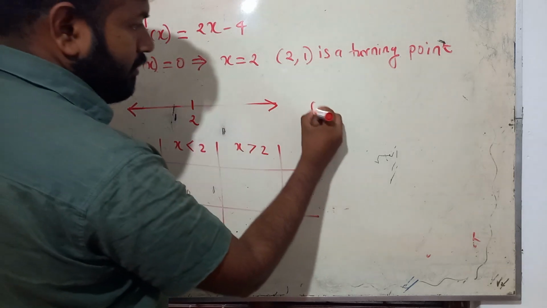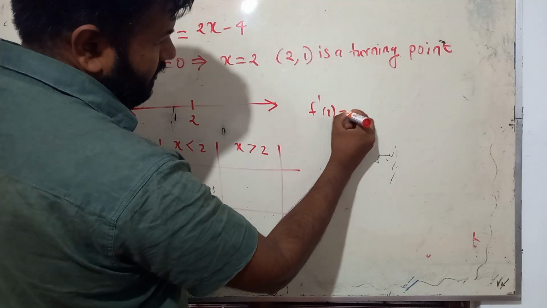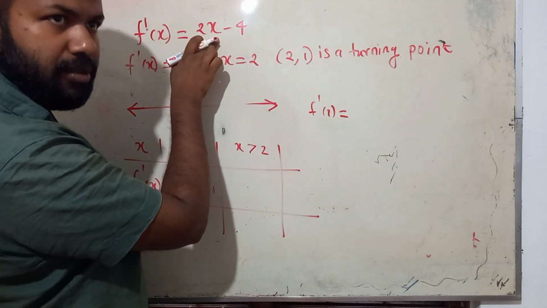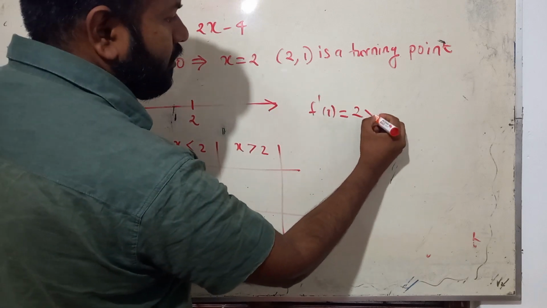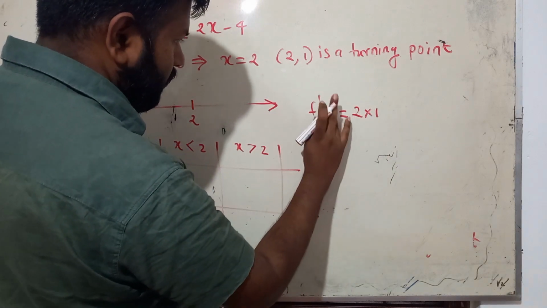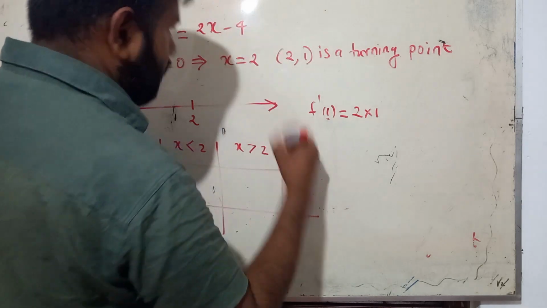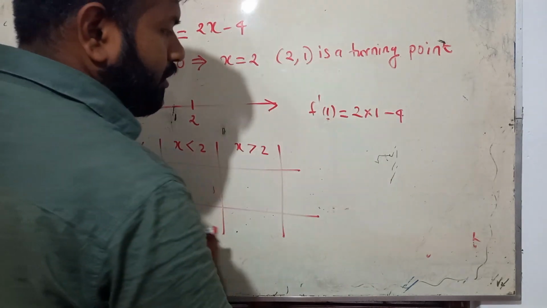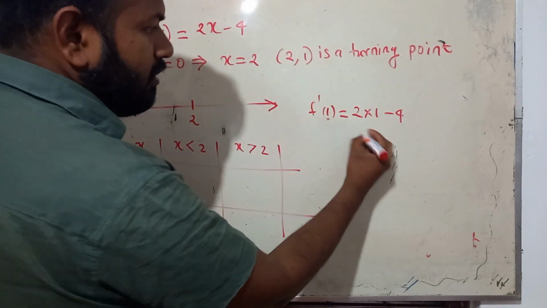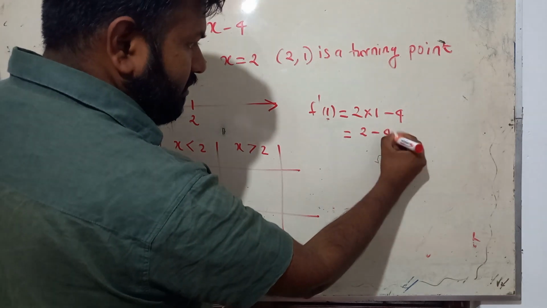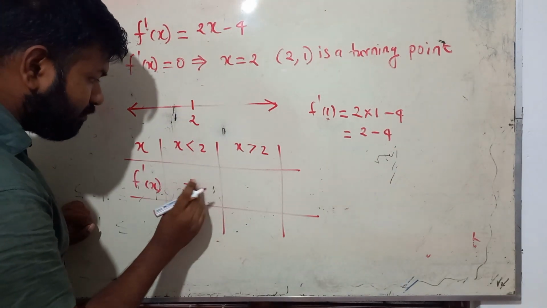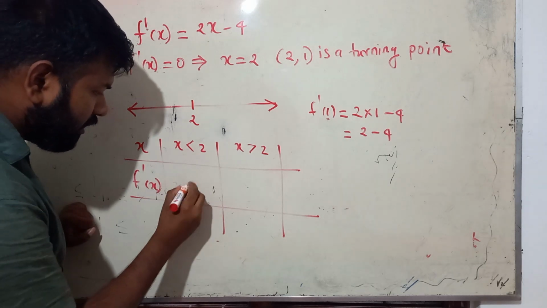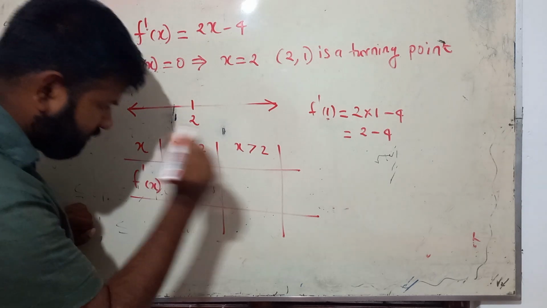So f dash 1 is equal to 2 times 1, which is 2, minus 4. You don't have to find the exact value, you have to check the sign. 2 minus 4 is negative. So when x is smaller than 2, the first derivative f dash x is negative.